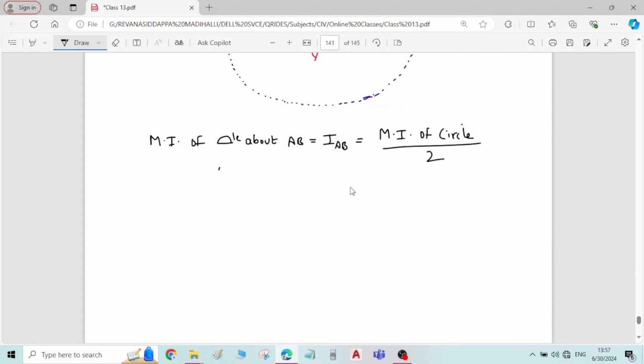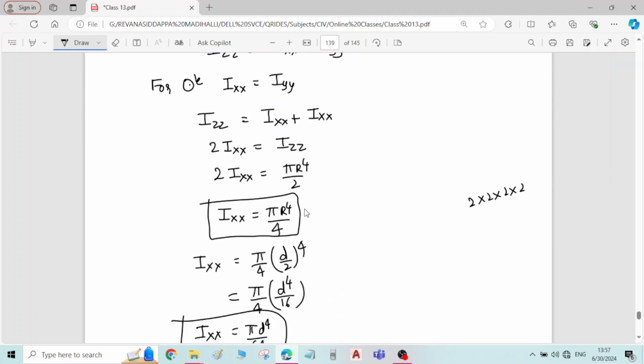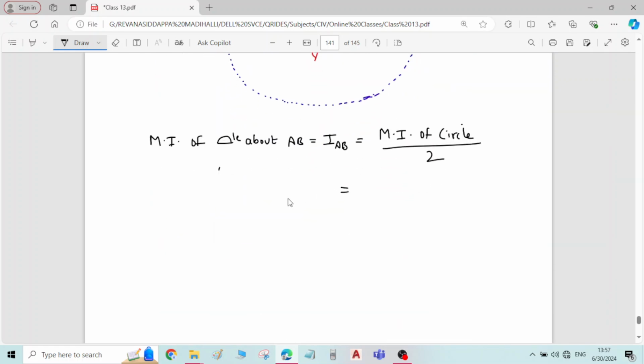We know the formula for moment of inertia of the circle. Correct? It is pi r raised to 4 by 4. Okay, now IAB is equal to pi r raised to 4 by 4, moment of inertia of circle, divided by 2.